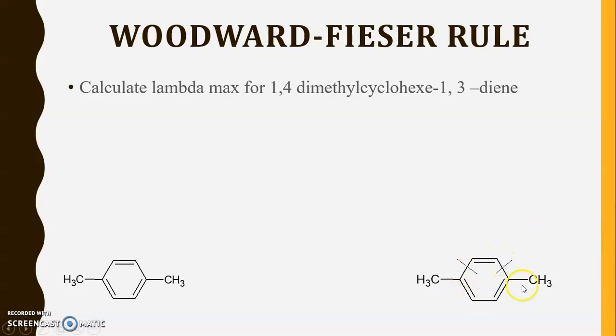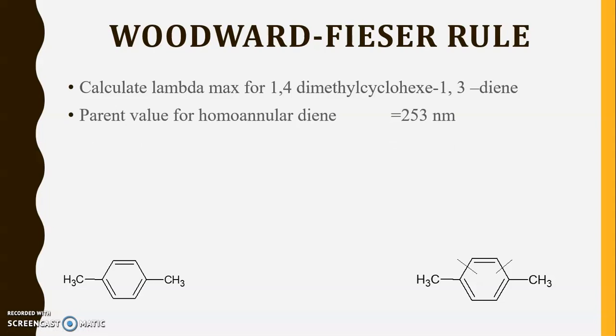Now as we see, this is the structure of a homoannular diene, because both the double bonds are present in one ring. That's why for the parent value of homoannular diene we have to consider 253 nanometer. Also, this carbon atom, this carbon atom, this carbon atom, and this carbon atom are the actual diene.